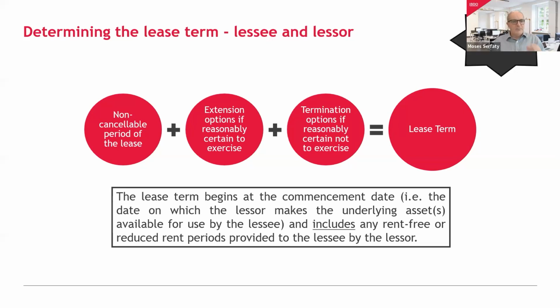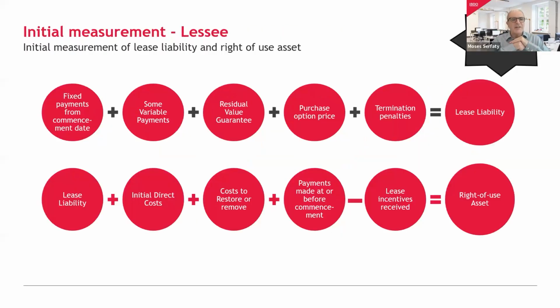So moving on to the next slide, we now move on to measurement. While the standard sets out measurement for the right of use asset first, and then for the lease liability, you've got to start with the lease liability. So that's what we've done on this slide. And what do you include in your lease liability? You include fixed payments from the commencement date over the lease term as determined per the previous slide. Some variable payments we've got there. Which ones?